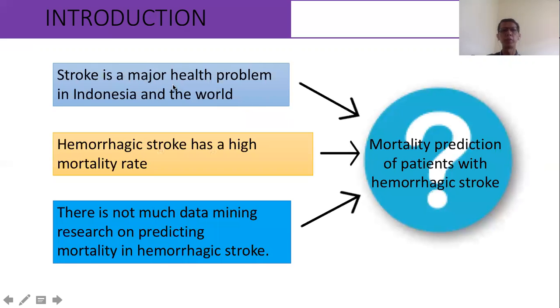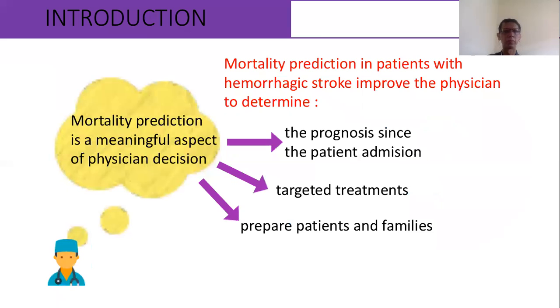So stroke is a major health problem in Indonesia and the world. Hemorrhagic stroke has a high mortality rate. And there is not much data mining research on predicting mortality in hemorrhagic stroke. For this reason, we want to predict mortality of patients with hemorrhagic stroke, because mortality prediction is a meaningful aspect of physician decision.